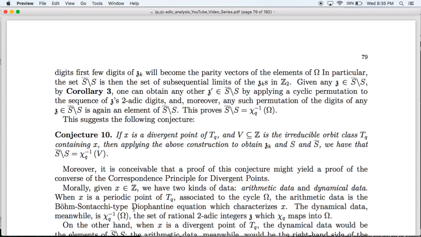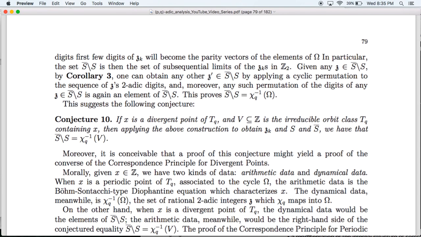Morally here, what we see is that given an x in the integers, we have two kinds of data that we can get from it: arithmetical data and dynamical data. When x is a periodic point of tq associated to some cycle omega, then the data associated to x is the Bohm-Sontachi Diophantine equation that characterizes x.